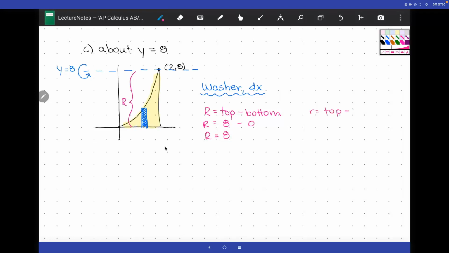The little r. So little r, remember, measures from the axis of rotation to the closest part of the rectangle. What is along the top there?